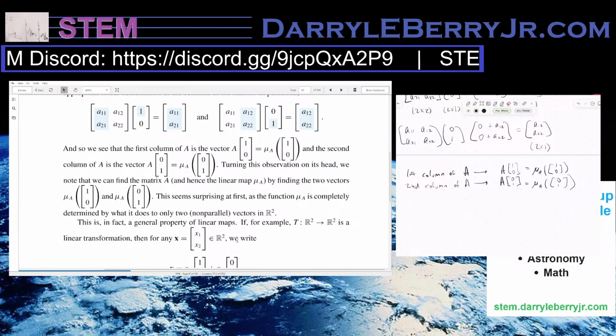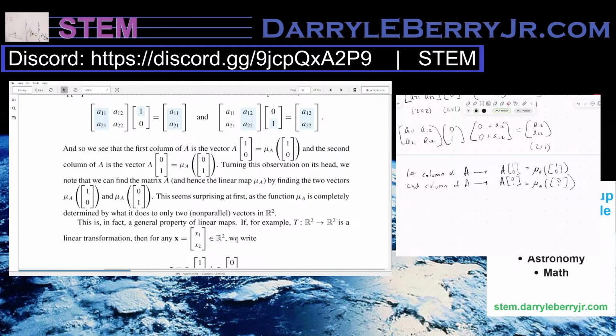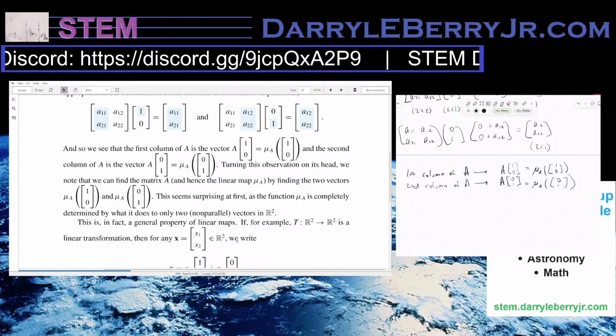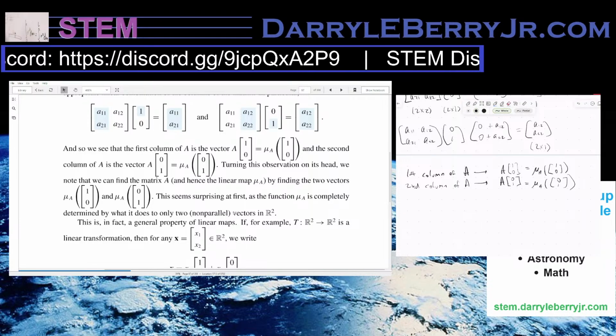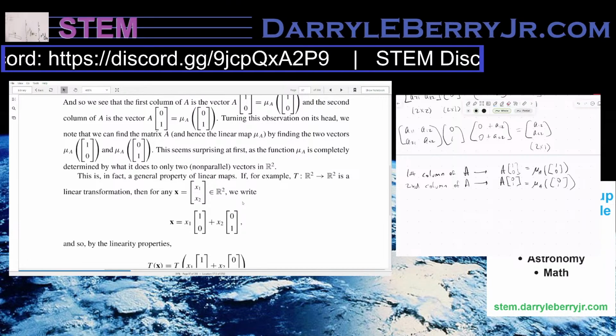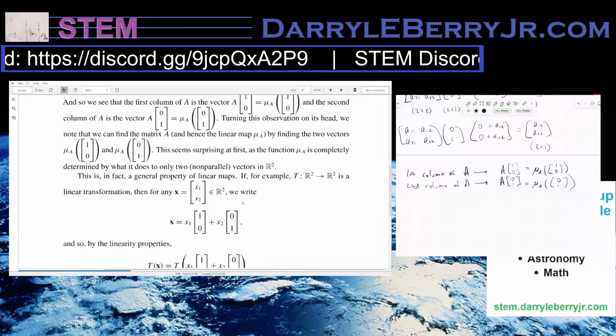This is, in fact, a general property of linear maps. If, for example, T is a linear transformation from R2 to R2, then for any vector x = (x1, x2) in R2, we write x equals x1(1,0) plus x2(0,1).